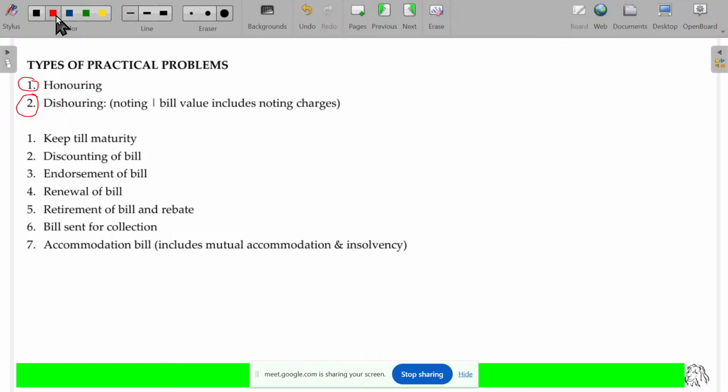Now, we'll try to finish up these cases: keep till maturity, discounting the bill, endorsing the bill. All the three, honoring situation. I try to finish off the honoring situation. Similarly, in case of dishonoring situation, how can we handle?